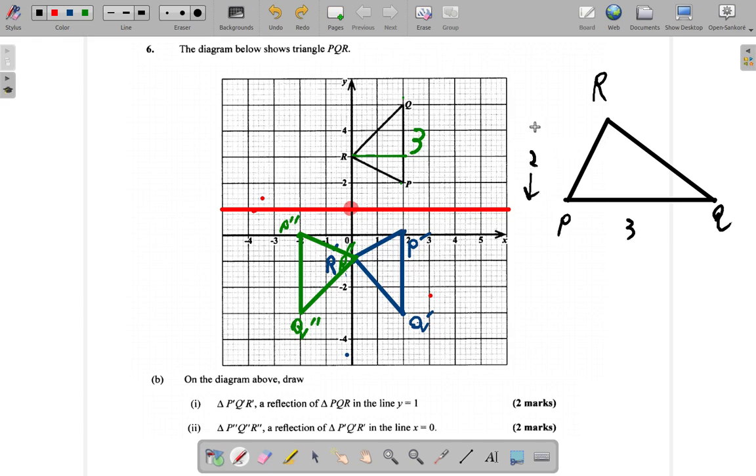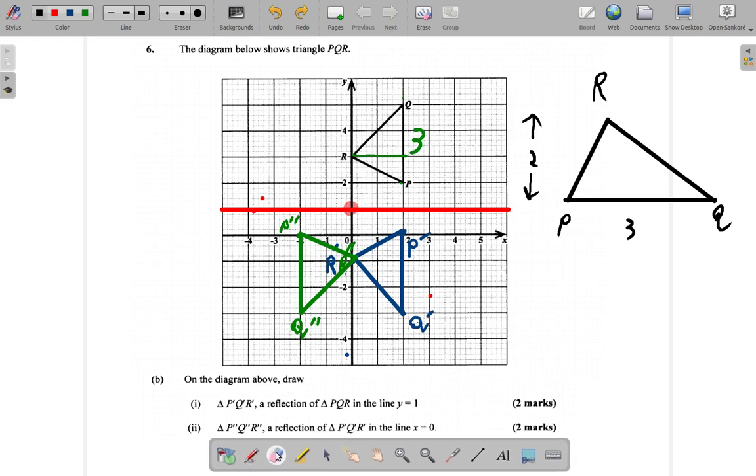Now at scale factor 2, what you could do is increase this to 6 and the vertical height to 4.